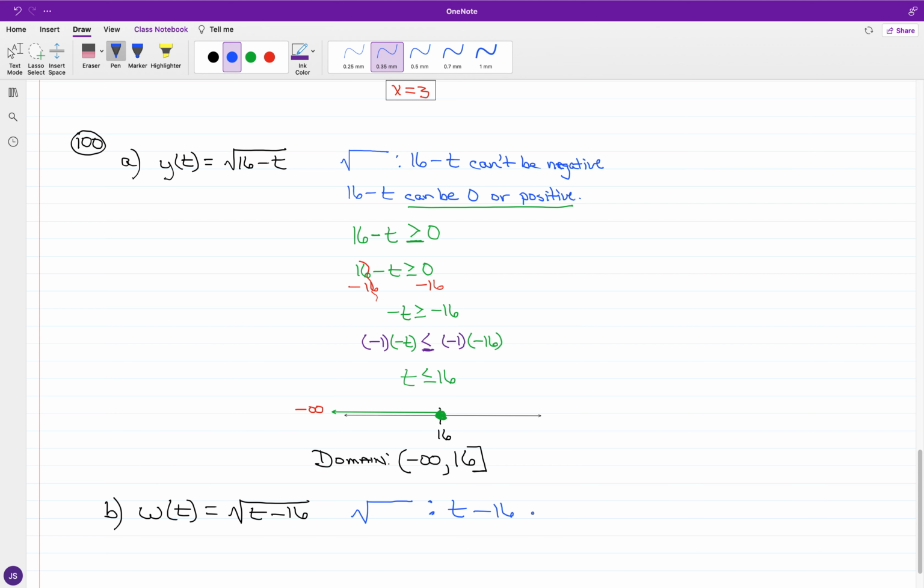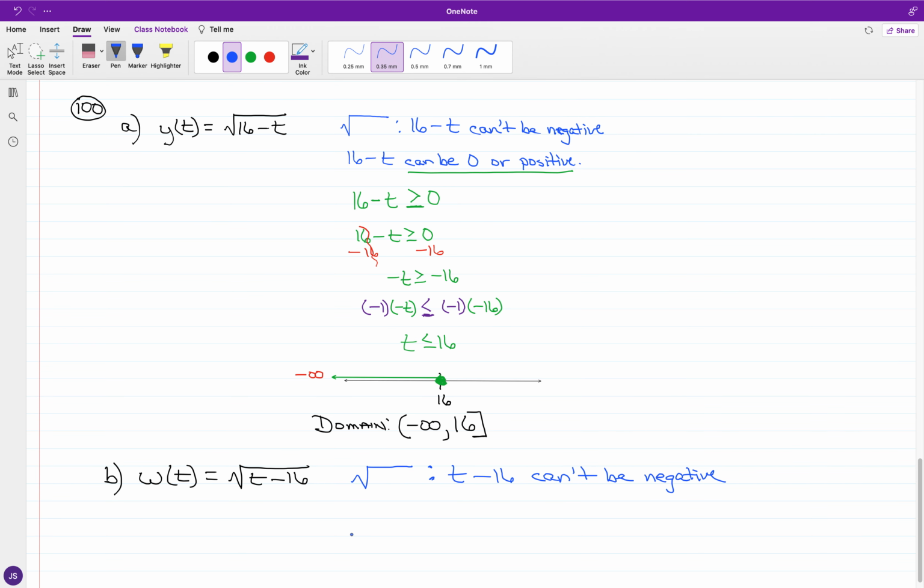So you have t minus 16, for the same reason, cannot be negative. And again, because it is an even root radical, and because it is given in direct terms, it can still be 0 or positive.